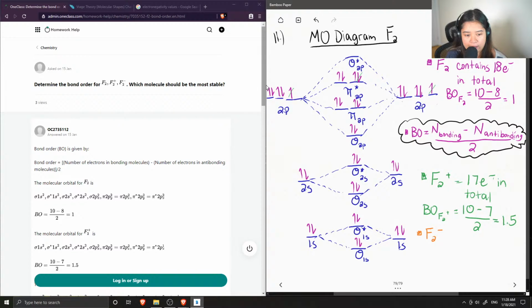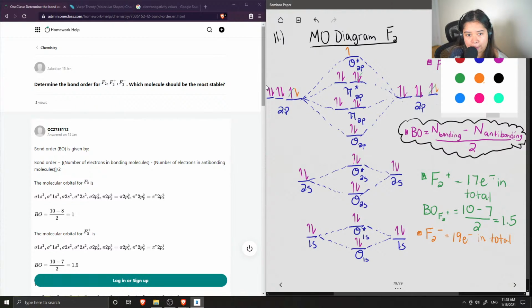So now we have 19 electrons in total. And I'm just going to draw an orange electron up here. So now that we have an extra electron in the sigma star, and it'll look like this in our other 2 orbitals.